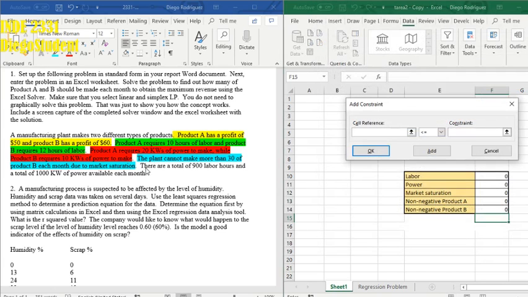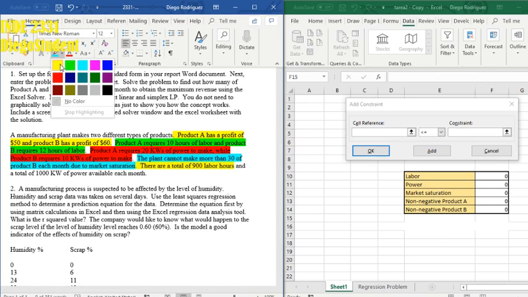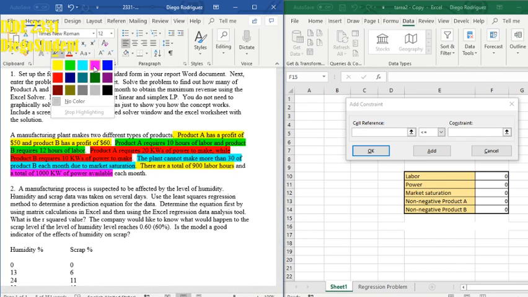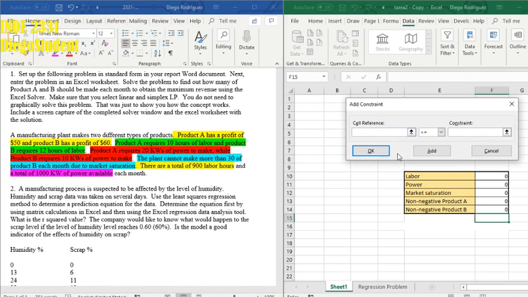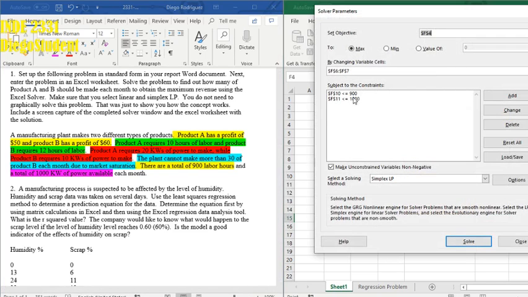Add again, and it says we have 1000 kilowatts of power available. Okay. So power less or equal than 1000. Okay. Alright, we already have two. Data, analyze, solver. There you go.